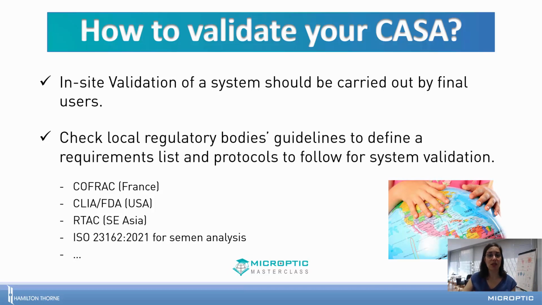So you can use it as a guideline for doing your validation with your CASA. Also, you have the possibility to use international standards like ISO 23162, which is specific for semen analysis, in which you will find the best practices to handle and analyze semen samples and, very important, to analyze all the sources of variation that you can find over the process of semen analysis.